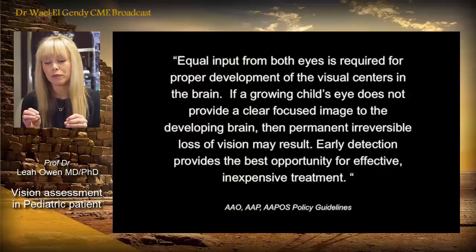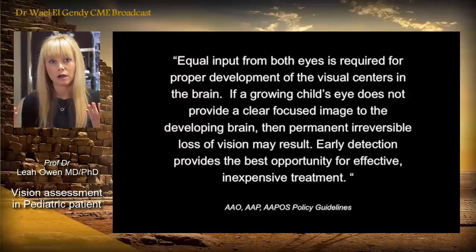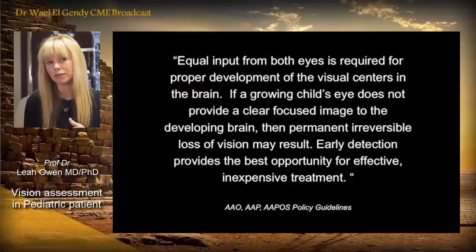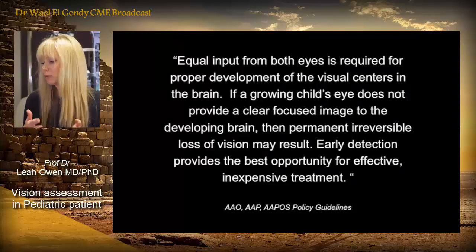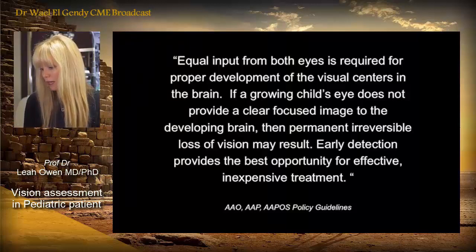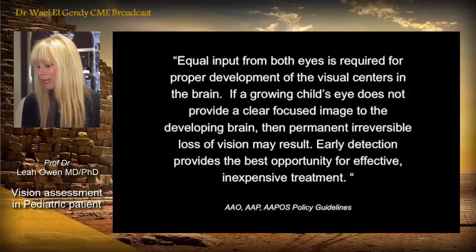And so the thing that we're most interested in for these kids is that the eyes are equally performing on our visual testing, that there's not a preference of one eye over the other eye. And the reason being that, as you can see here, if a growing child's eye does not provide a clear focused image to the developing brain, that can result in permanent irreversible vision loss that extends into adulthood and can't be treated after that age.